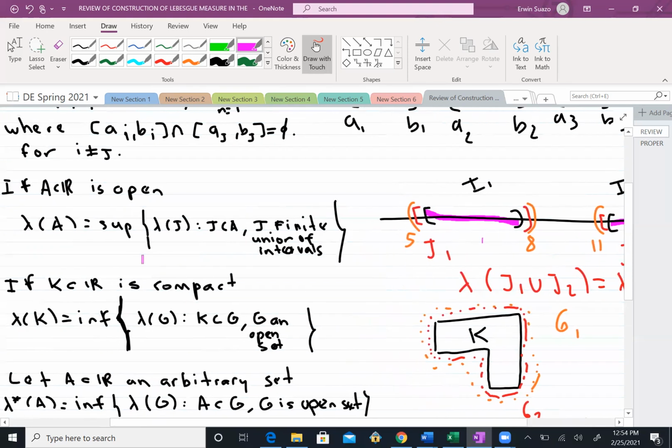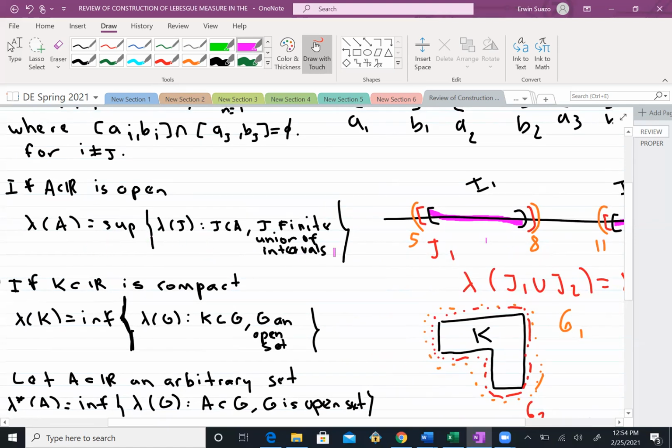Okay. But the abstract definition is because we're thinking of any kind of set on the real numbers. Because you see in the lecture, Miguel showed how complicated the Cantor set is. Okay.